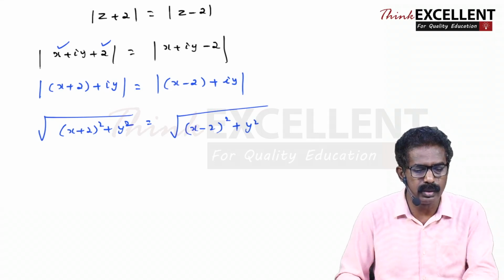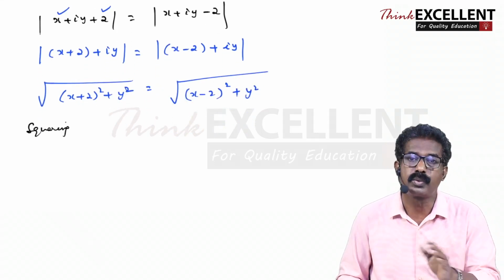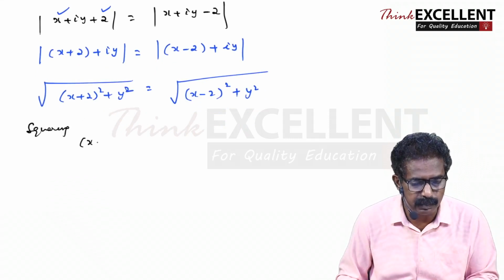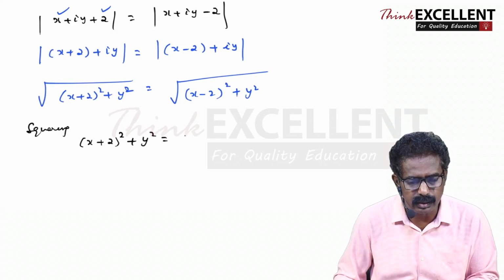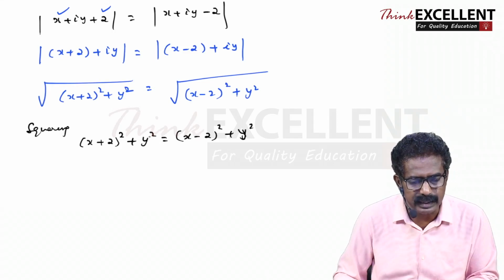To avoid the root, squaring both sides. When you square, root cancel. So (x plus 2) the whole square plus y square equal to (x minus 2) the whole square plus y square. Both the sides you cancel that y square.